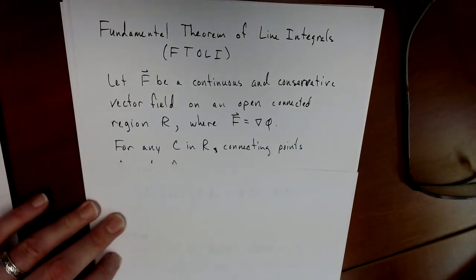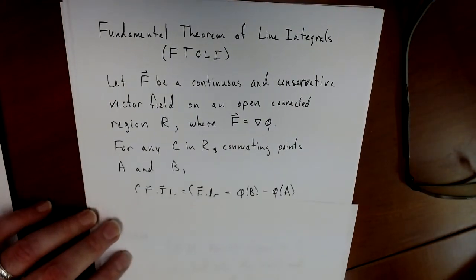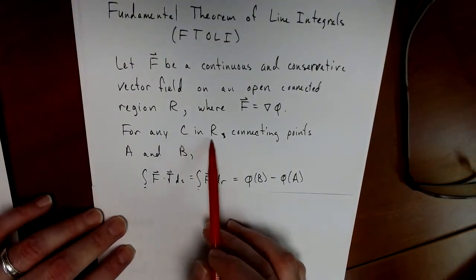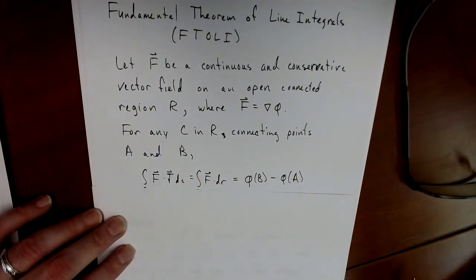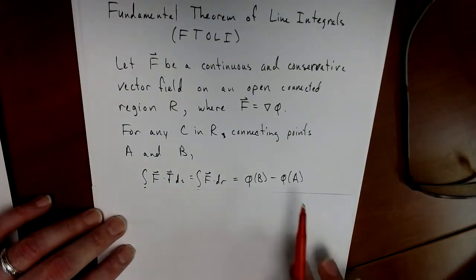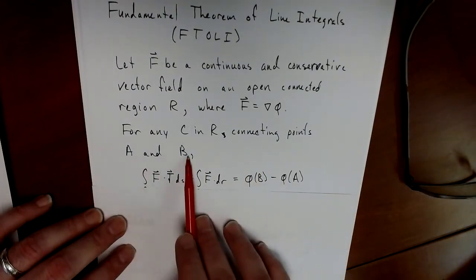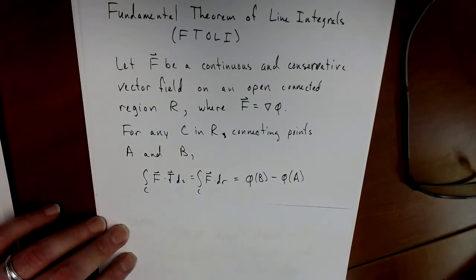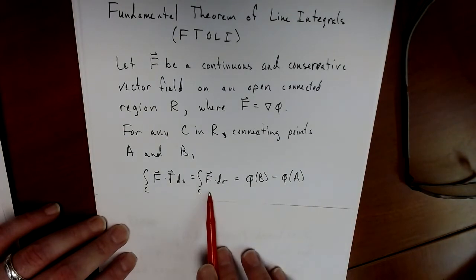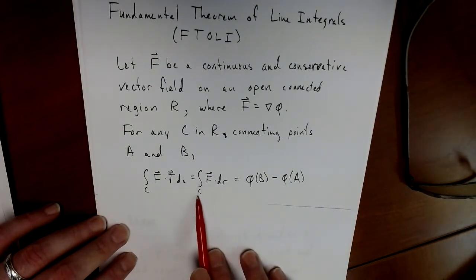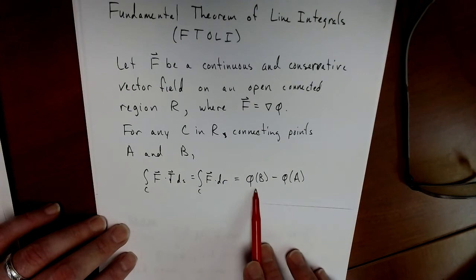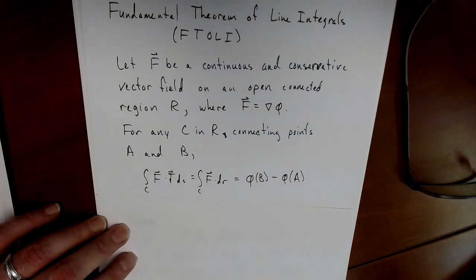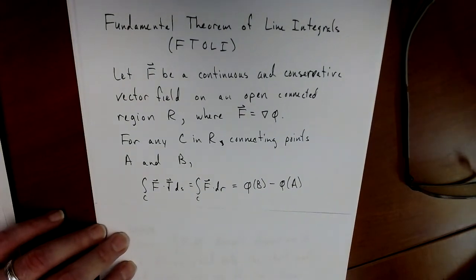But if we have a conservative vector field and a curve in that same region where our vector field exists as continuous and conservative that connects 2 points, any 2 points A and B, then we can evaluate the line integral of f over c, any of those c, as phi of b minus phi of a. And this is the fundamental theorem of line integrals.